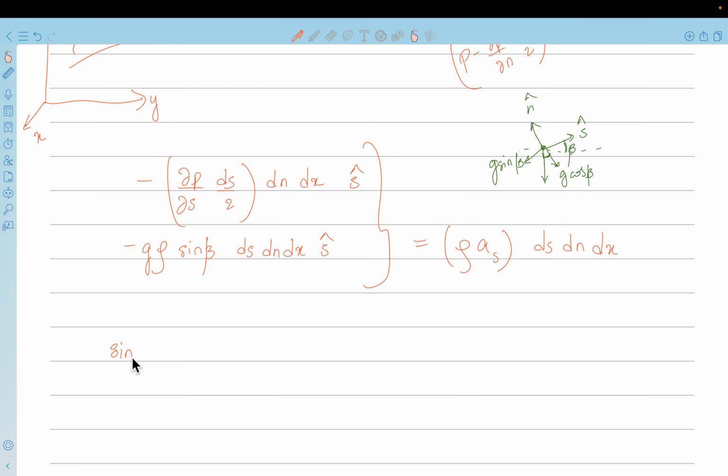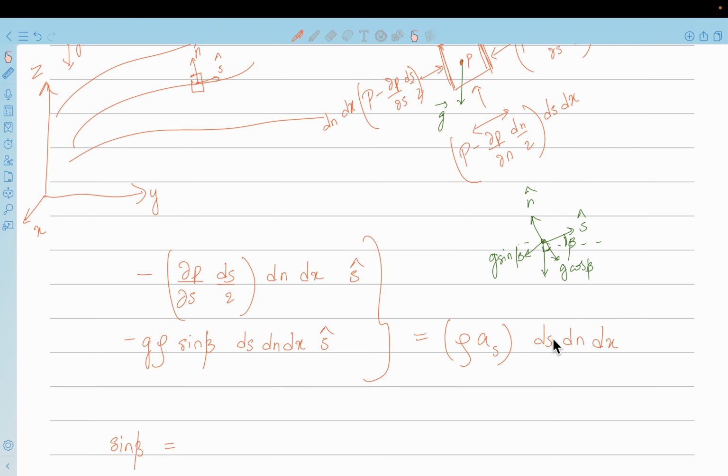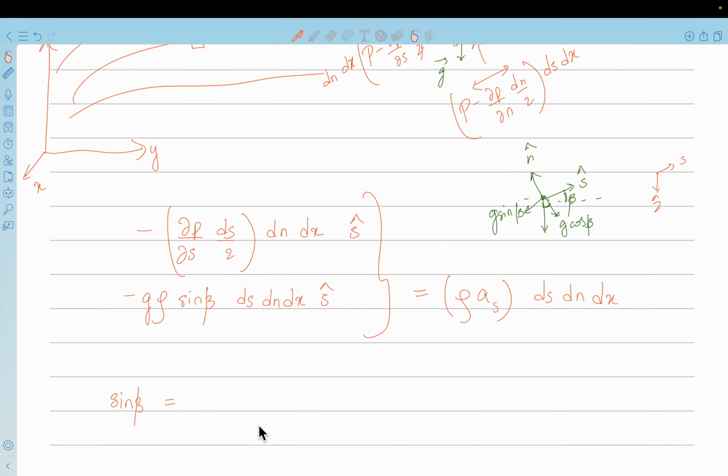So sin beta, how do you write sin beta? In this case this was your s cap and this was your z cap. Now as s cap changes, the beta is also going to change. So let me again try and draw this.